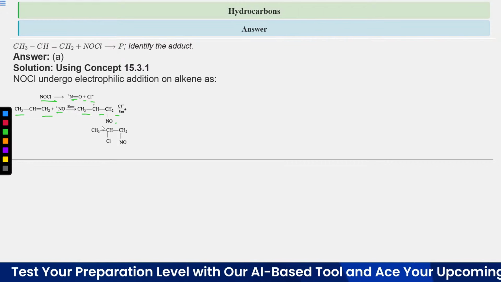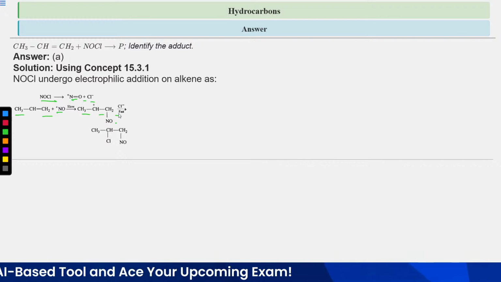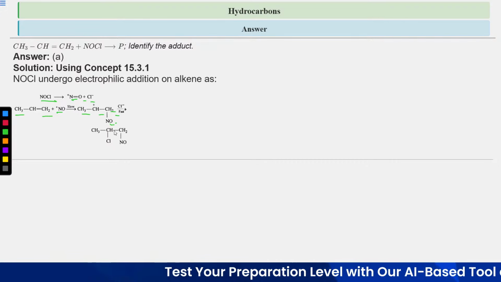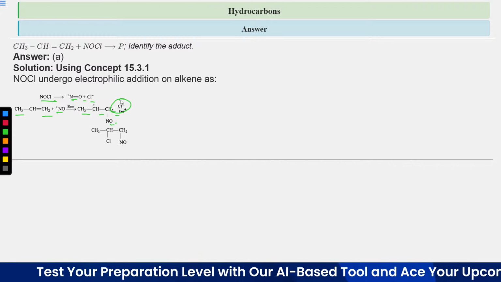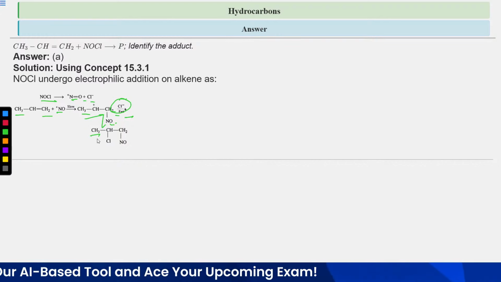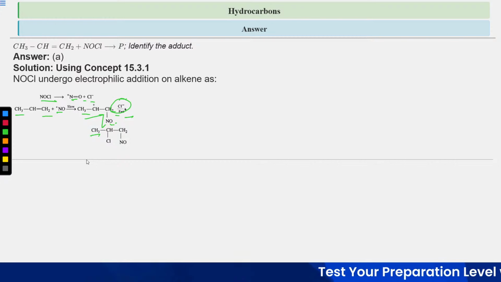It will form a carbocation, CH3 single bond CH positive single bond CH2 NO. This is the carbocation formed after the reaction of NO positive, or you can say NOCl, and the alkene propene. Then the Cl negative obtained from NOCl reacts with this carbocation, and it is a fast reaction because we already have a carbocation and we are attacking it with a nucleophile.